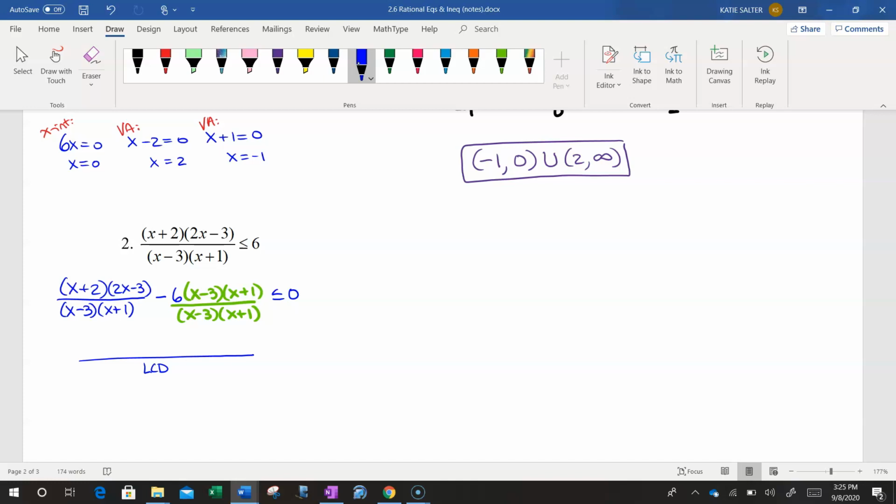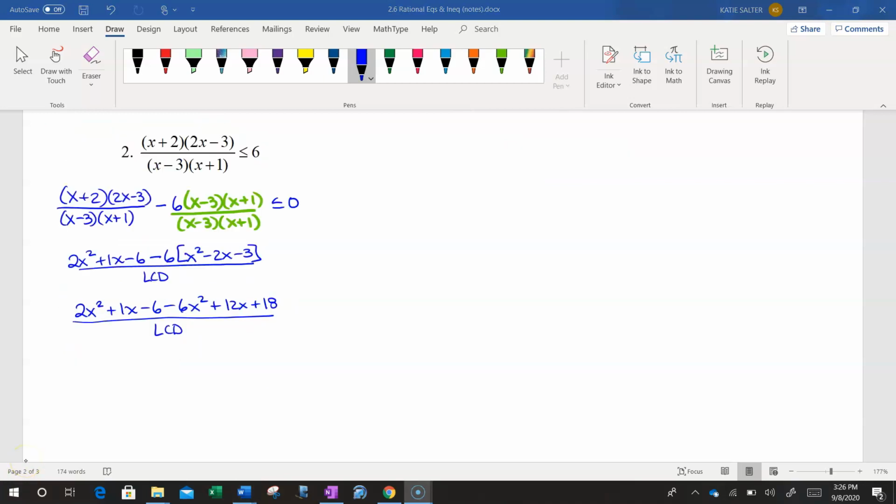So if we FOIL this first part, that's going to give us 2x squared, 4x and negative 3x is 1x, minus 6. And then I'm going to put minus 6 with a bracket, and then I've got to FOIL that x minus 3 times x plus 1, so that's going to give us x squared minus 2x minus 3. Now I still have to distribute that negative 6 to that trinomial, so that's going to give us 2x squared plus 1x minus 6 minus 6x squared plus 12x plus 18 all over our LCD.